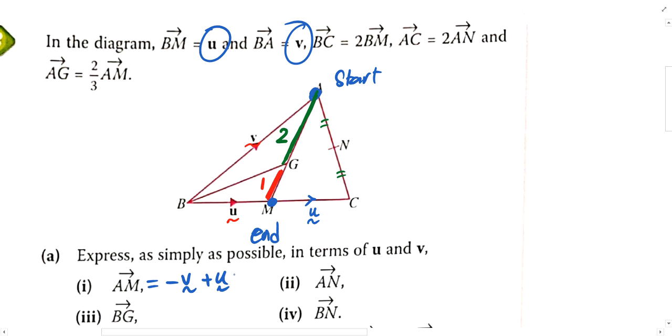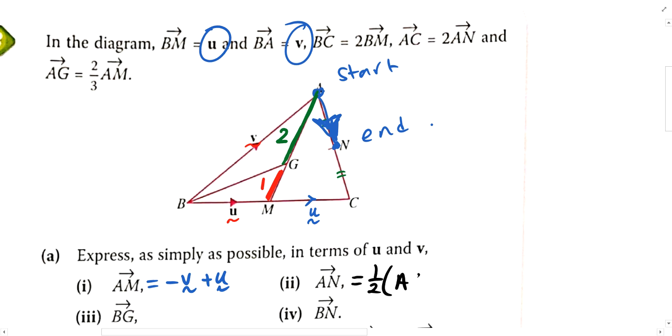AN. So this is our start now, and this is our N. Okay, how do we go from A to N? Half of AC. Am I right so far? It is half, right?